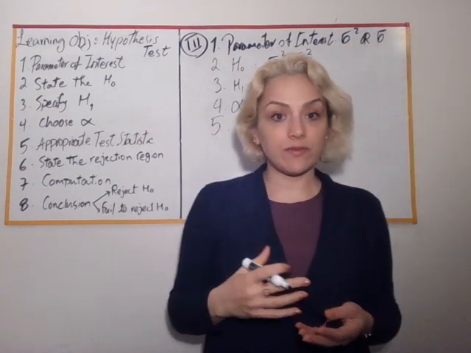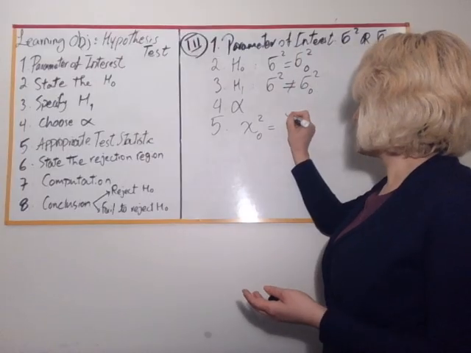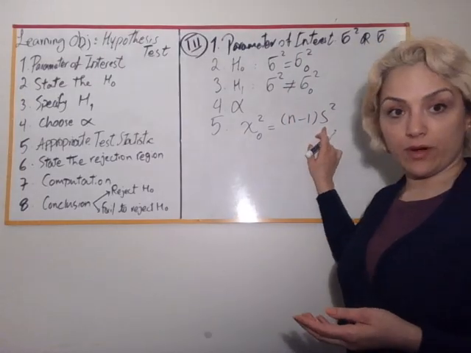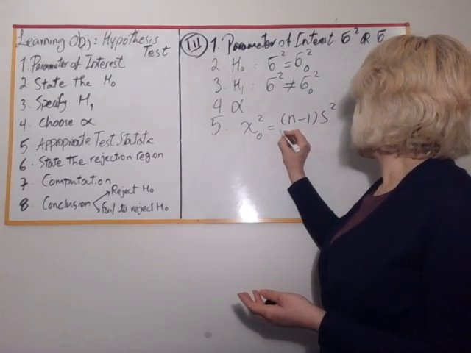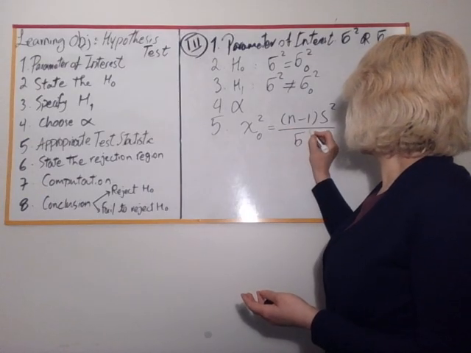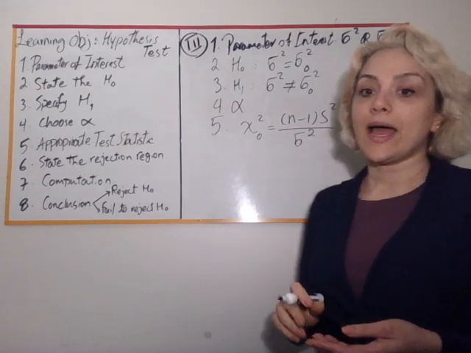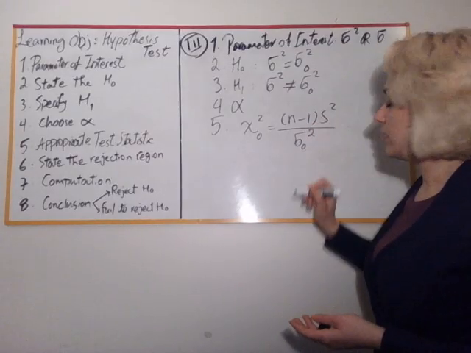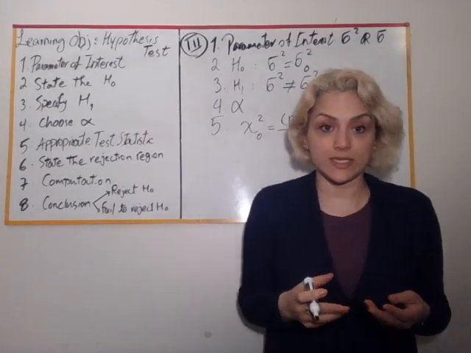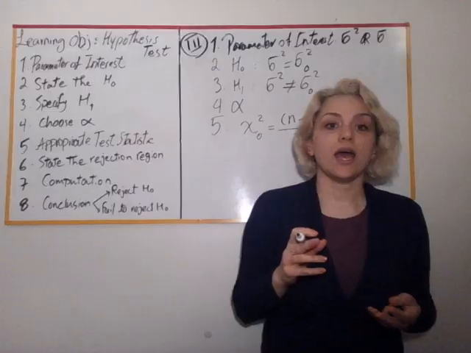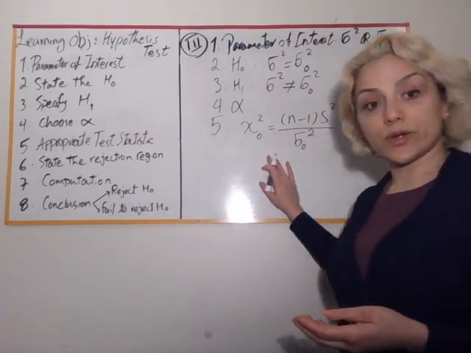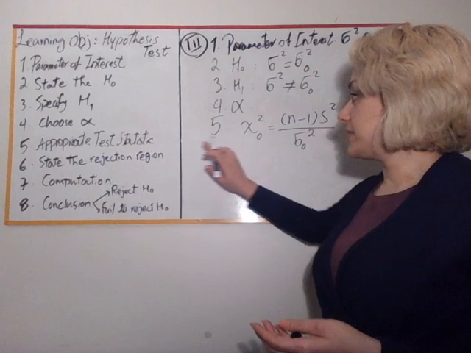The equation is chi-squared equal to (n minus 1) S squared, which comes from the sample, divided by sigma squared null, which is the number that we want to check whether the population variance is equal to or not. So this is the chi-squared, which is going to be the test statistic.